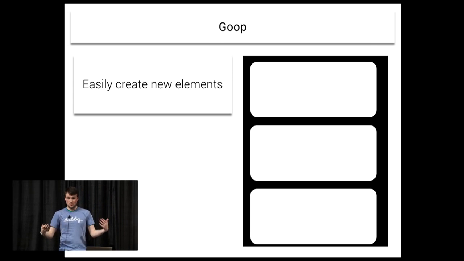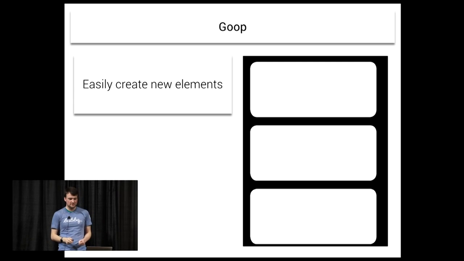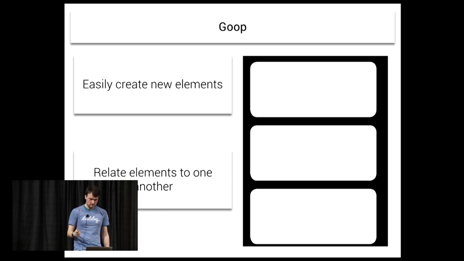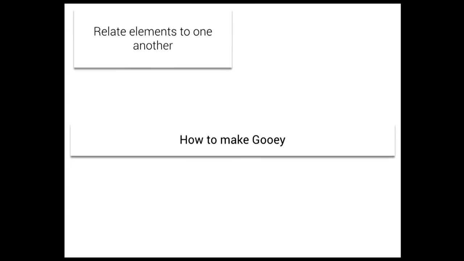So if you have, for example, 3 menu options, you animate them from one menu button, and you get 3 different buttons that all relate to each other, and the user intuitively knows that those things relate to each other because, again, that happens faster in your brain than if they were to scan each and every one of those buttons and decide whether or not they relate to each other. Right? So relate elements to one another using this sort of gooey animation.